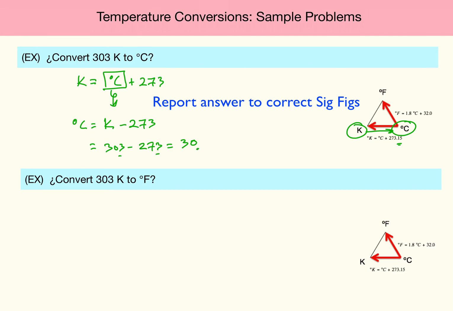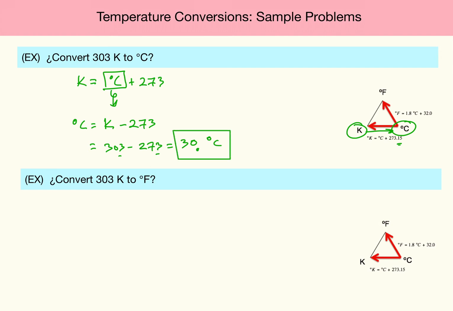Because these two numbers are good to the ones place, and so I must make my 30 good to the ones place, and I can only do that by putting a decimal point after the 0. If I just have 30, this number is only good to the tens place. It's when I put the dot that the trailing zero counts, and this is what makes it good to the ones place. So my answer is 30. degrees Celsius.